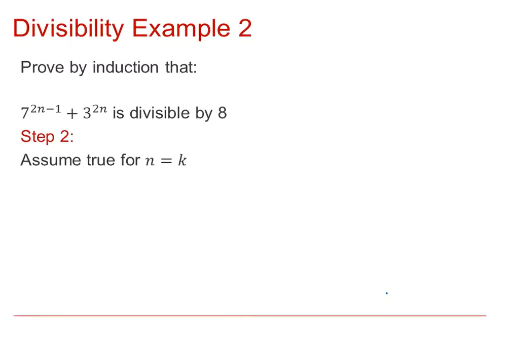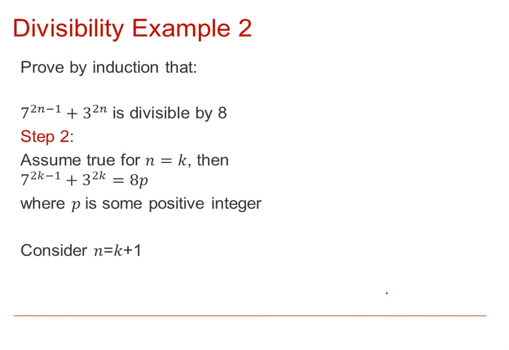So step 2 now. Assuming that the statement is true for n equals k, then 7 to the power 2k minus 1 plus 3 to the power 2k can be written as 8 times p, where p is some positive integer. So that's our assumption. Now we need to consider the next term, n equals k plus 1.